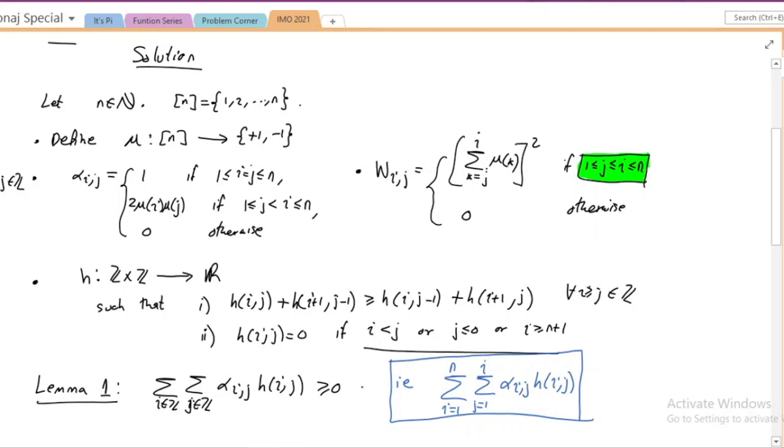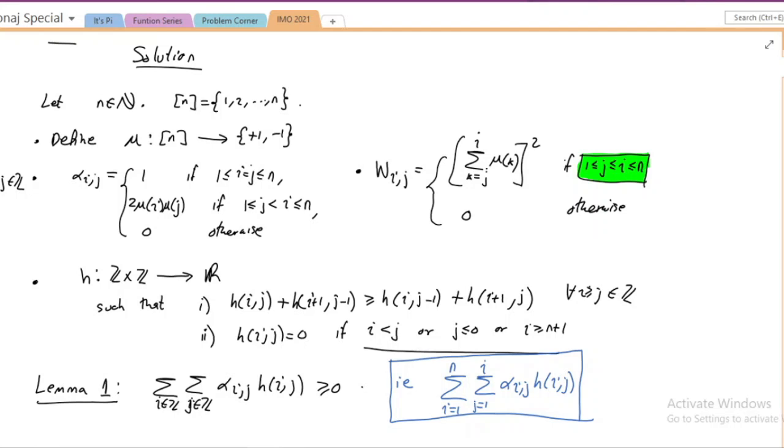And then we look at a function h satisfying two properties. It's a function from Z cross Z to R. The first property is an inequality property, but it's not for all i, j. We're only interested in this for i greater than or equal to j.